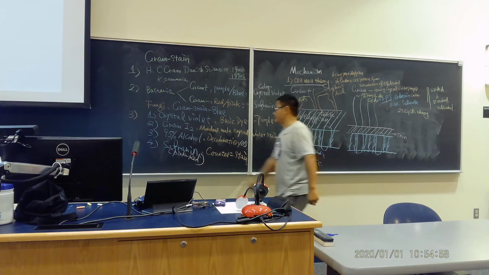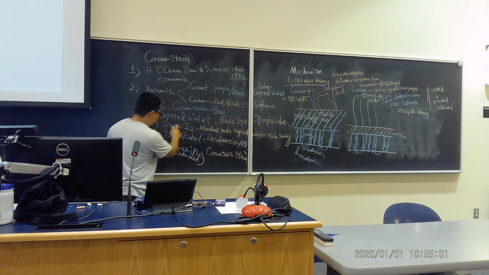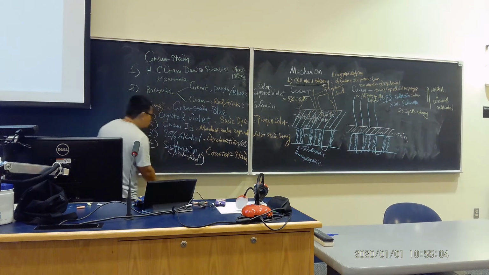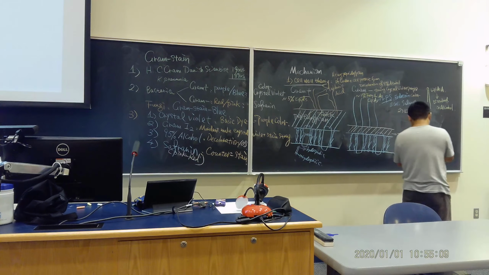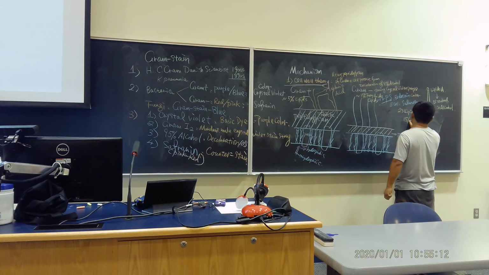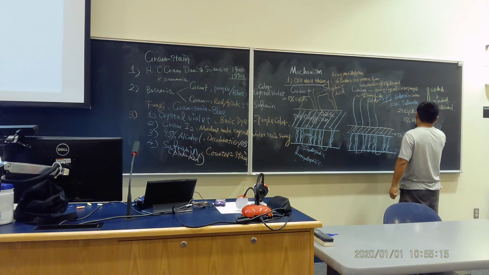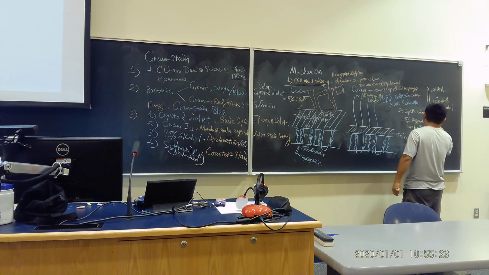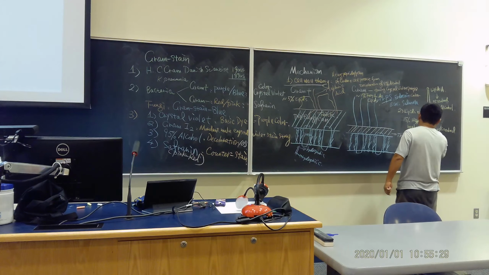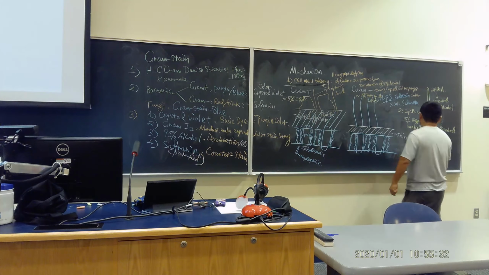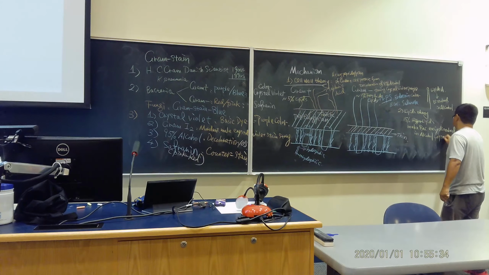So what happened? Crystal violet stain is there. Gram iodine makes it strong. Using 95% alcohol, because of these heavy lipids, 15% or higher, the lipids will make the bacteria easily dissolved in alcohol, and the crystal violet is washed off.